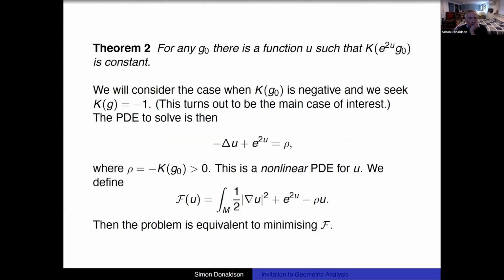That means if we go back to look at our functional, there's no point in making u very large in a region, because that will be bad from the point of view of the algebraic part, but also tends to increase the derivative part. Similarly, there's no point in making u very negative in a region, for the same reason.